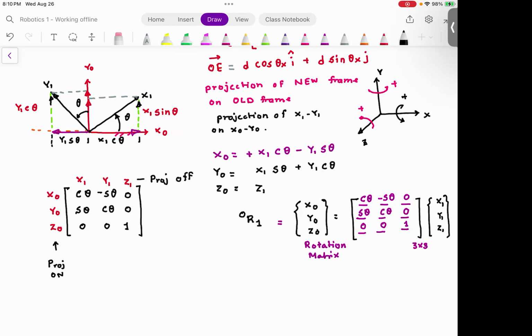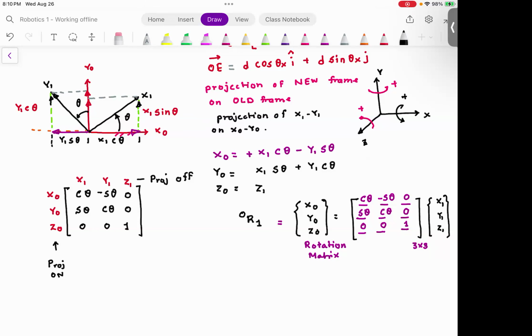And you can see those expressions are written in this direction. So you have x1 cosine theta minus y1 sine theta, x1 sine theta plus y1 cosine theta, and the last one, z naught, is equal to z1. You agree with me?